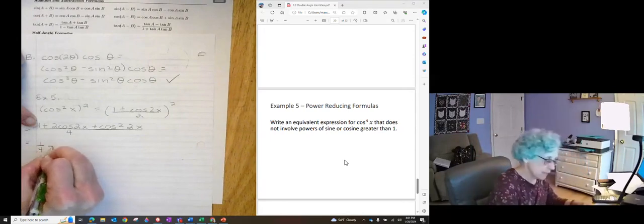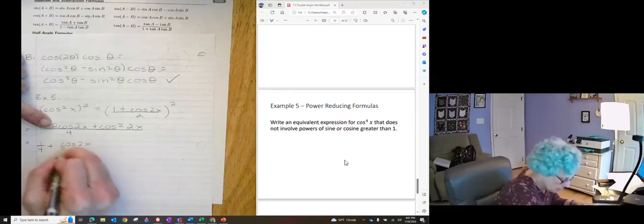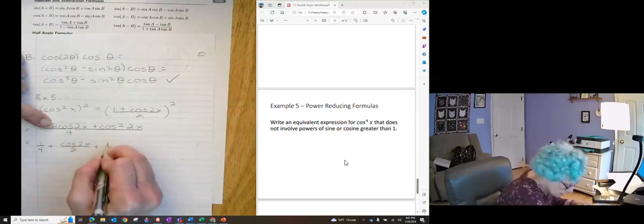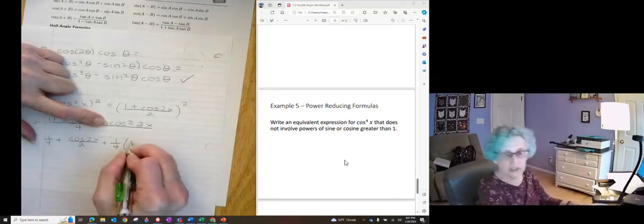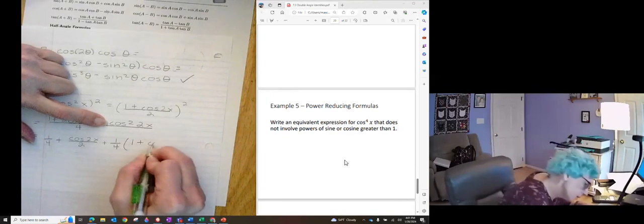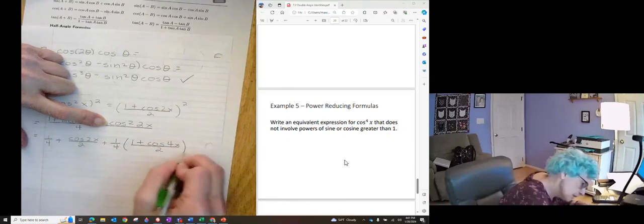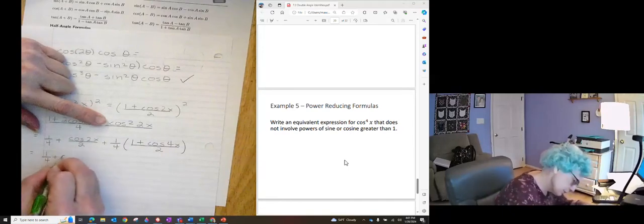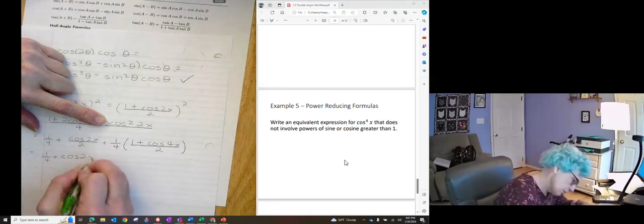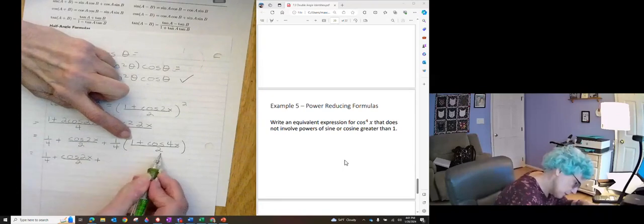So now I'm going to divide it into pieces. I have 1/4 plus cosine of 2x over 2 plus 1/4 times cosine squared of 2x, which would be 1 plus cosine of 4x living on top of 2. So that would be 1/4 plus cosine of 2x over 2.